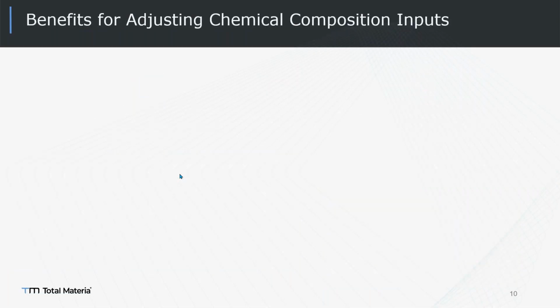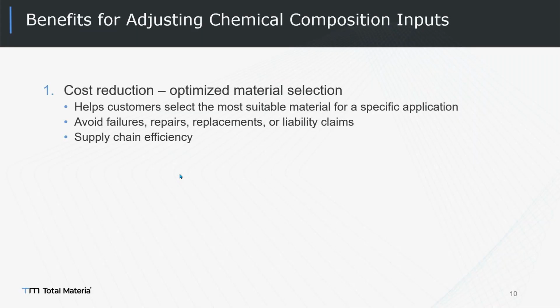And some of the key benefits for being able to adjust these chemical composition inputs are, as you imagine, on a cost reduction perspective, optimizing your material selection process. This has helped our customers select better suitable materials for a specific application by doing these tweaks. And of course, besides that, avoiding failures, repairs, replacements could go a long way.